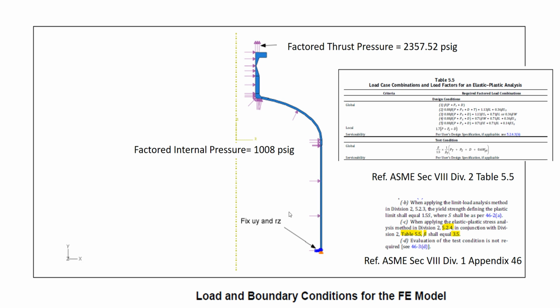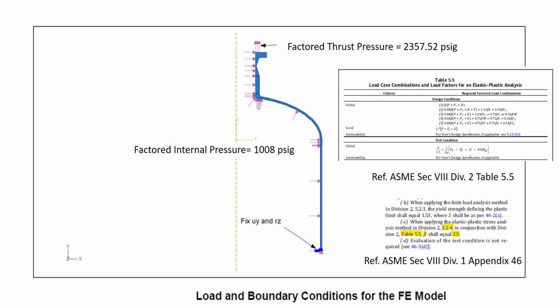Let's talk a little bit about our second question. Can we design a vessel as per Division 1 using Division 2 rules? When we go into the structure of Division 1, there is a specific appendix for it. It's Appendix 46, which gives the guideline on how we can use the Division 2 rules to design a vessel as per Division 1.